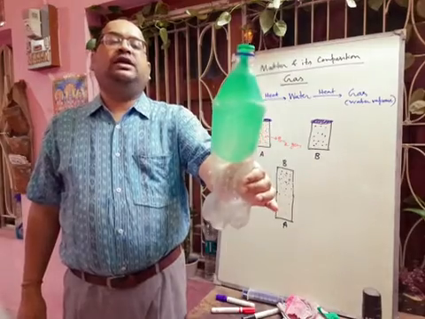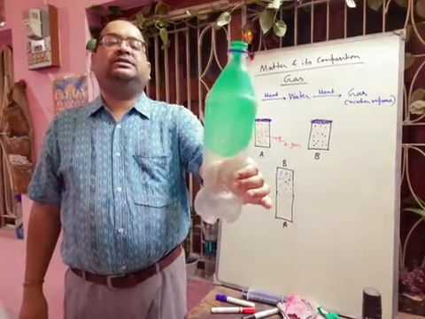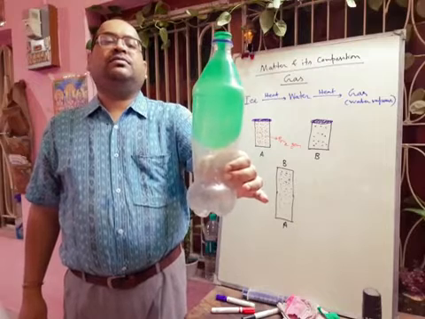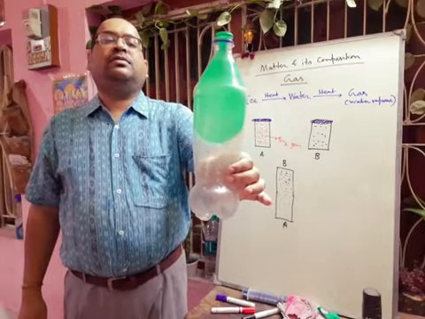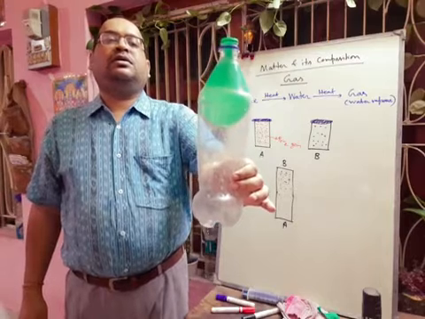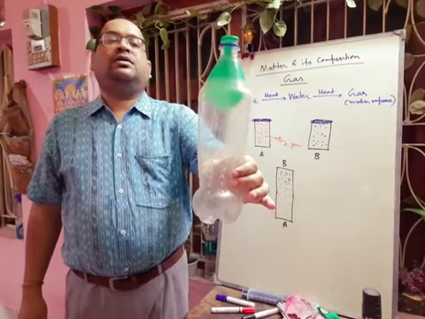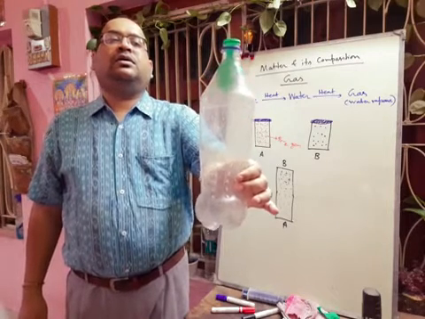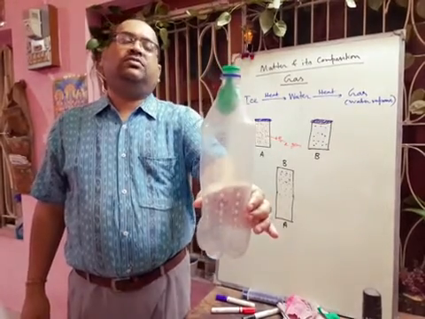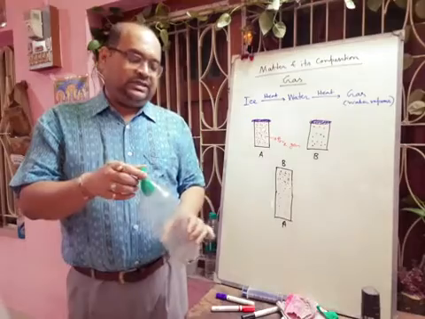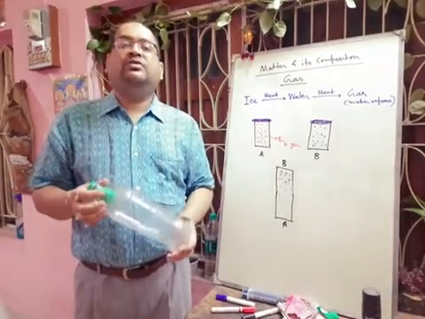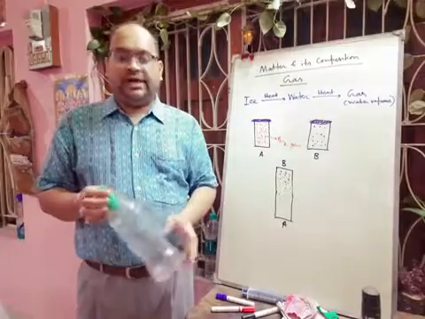Now if we slowly open this hole, observe what is happening. The balloon comes back to its original position. So why is this happening, in the next live class you have to explain. This is one activity.